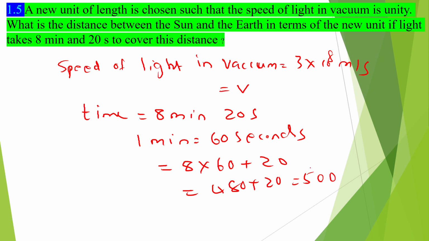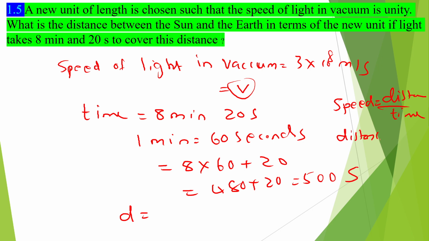And this is the total time, 500 seconds, and the speed is v. The v is nothing but 3 into 10 to the power 8 meter per second. So what is the distance? You know the speed formula: speed equals distance by time. So distance is equal to speed into time.